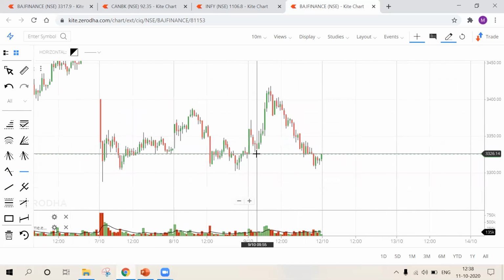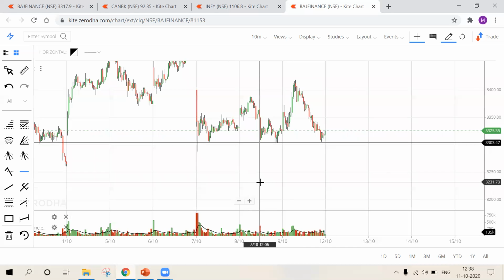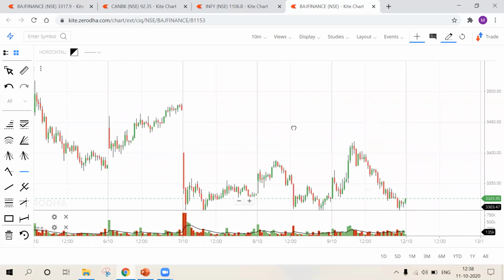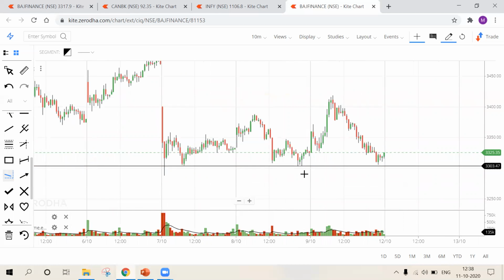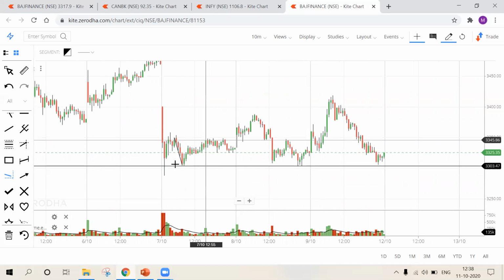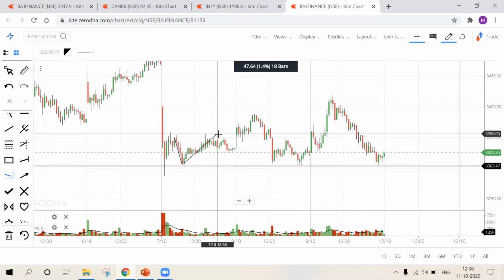Now I'll be explaining the concept, or the reality, behind support. Yes, I can call this line a support line, because when sellers are trying to push the price downside, buyers are coming into the picture at this zone and they try to push the price up.